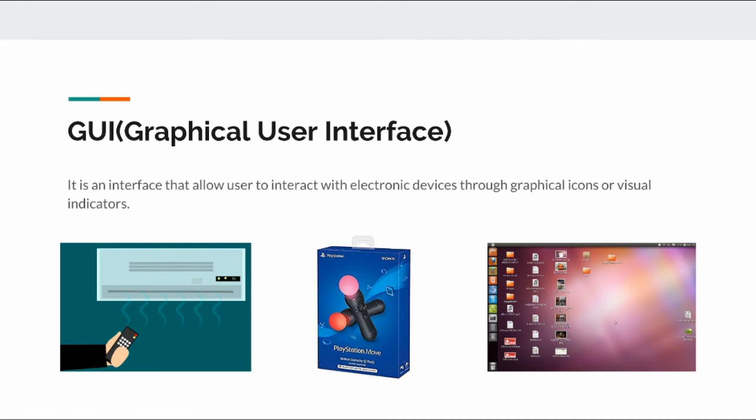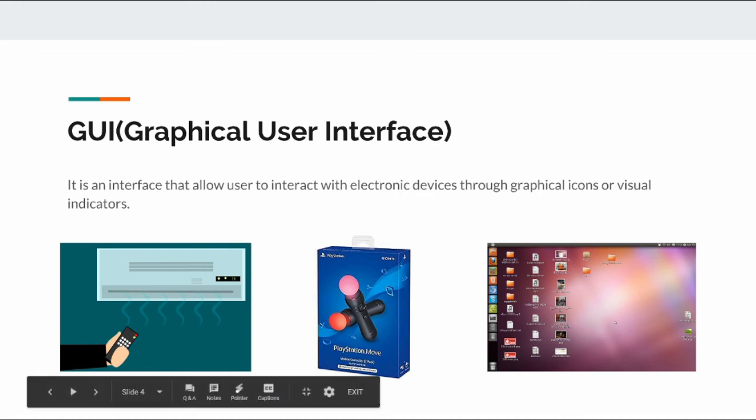Through the visual indicators you are able to play that game, and you feel that you are moving the objects in the game. That is made possible by the GUI, by the visual indicators. So these are graphical user interface examples.